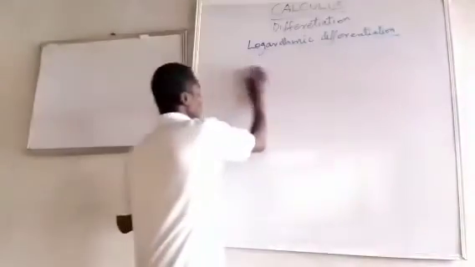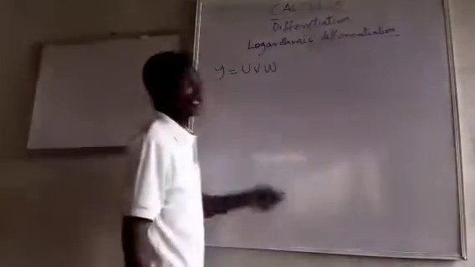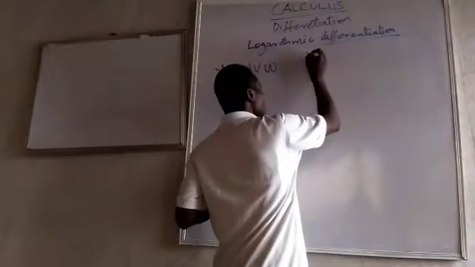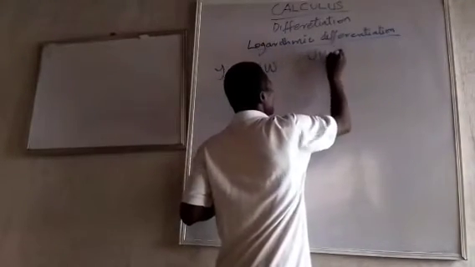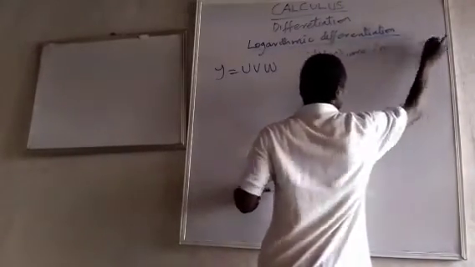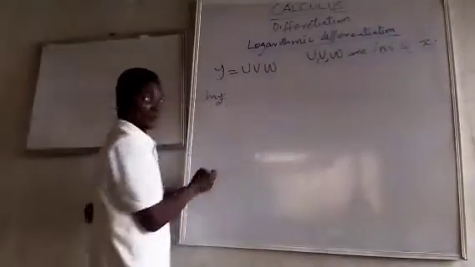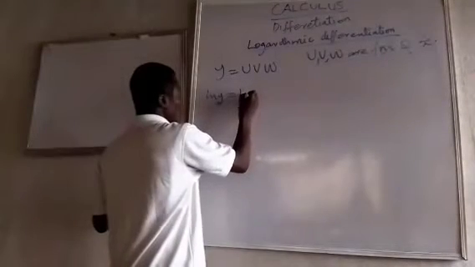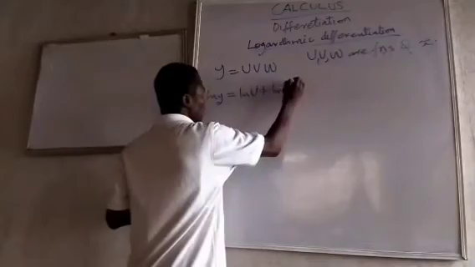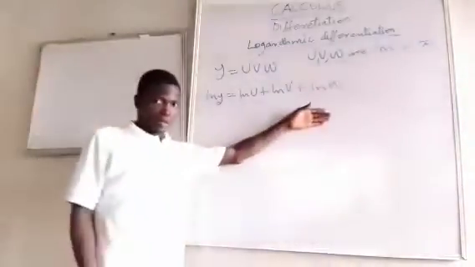Let's look at something like this. If you have y equals u v w, and the three of them are functions of x, that is, u, v, w are functions of x. By the rules of logarithms, ln y will be equal to ln u plus ln v plus ln w. You remember?